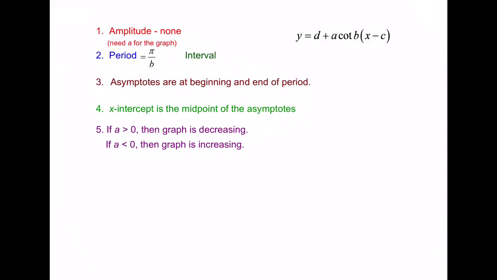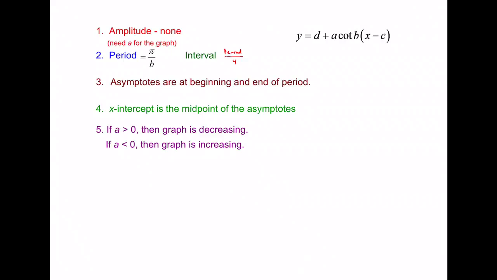Once again, there's no amplitude of a cotangent, but that a is the vertical stretch, so we still need it. The period is still pi divided by b. Your interval is still the period divided by 4. And your asymptotes are the beginning and the end of the period, but there has been a shift in terms of cotangent and tangent.